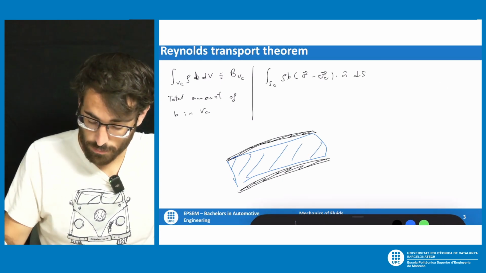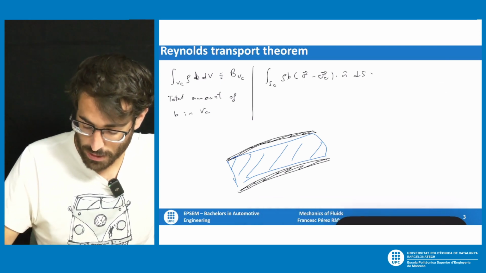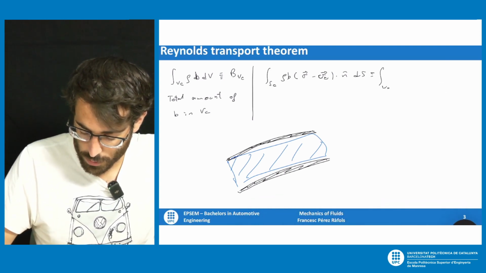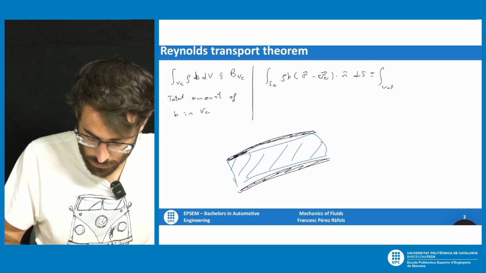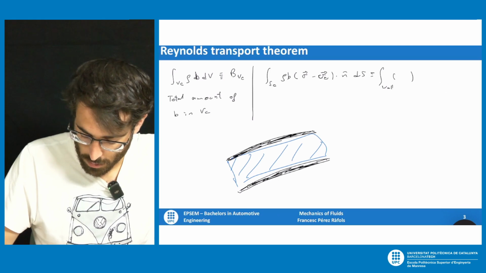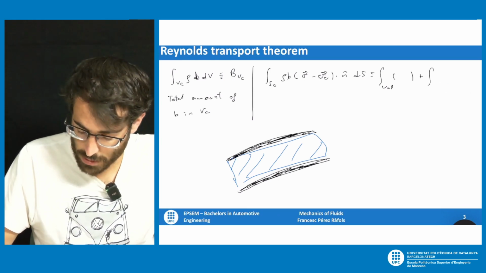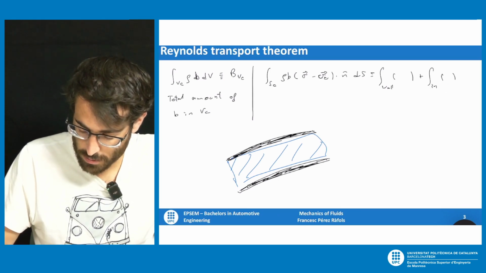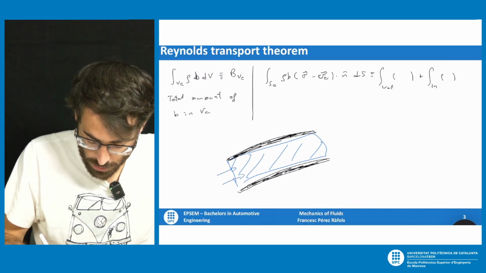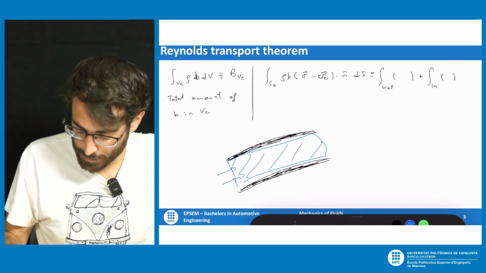Now, this integral, we can say, is the integral over the wall, so over this wall here and here, of the same term, plus the integral over the inlet of the same term. Now if we're assuming the flow is going in this direction, the inlet would be here.